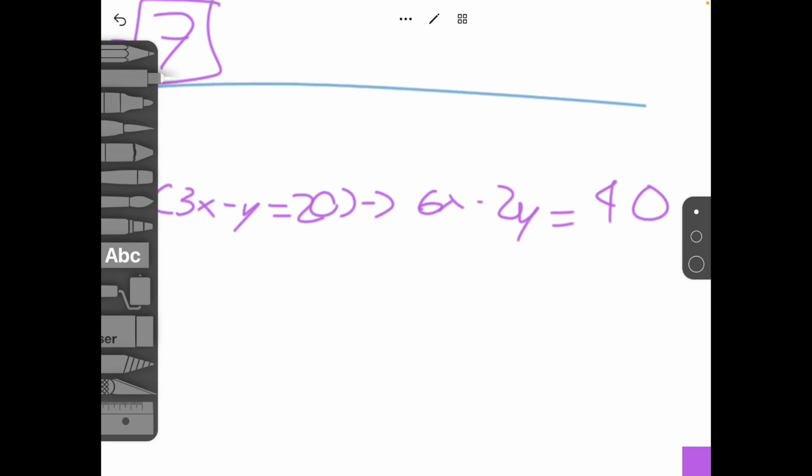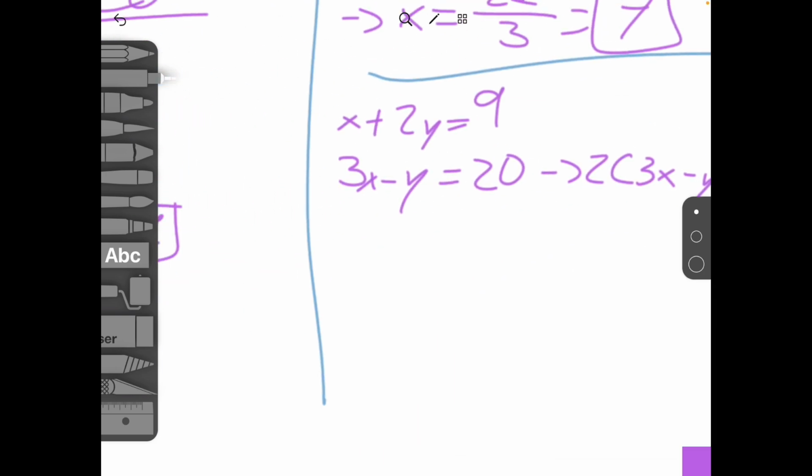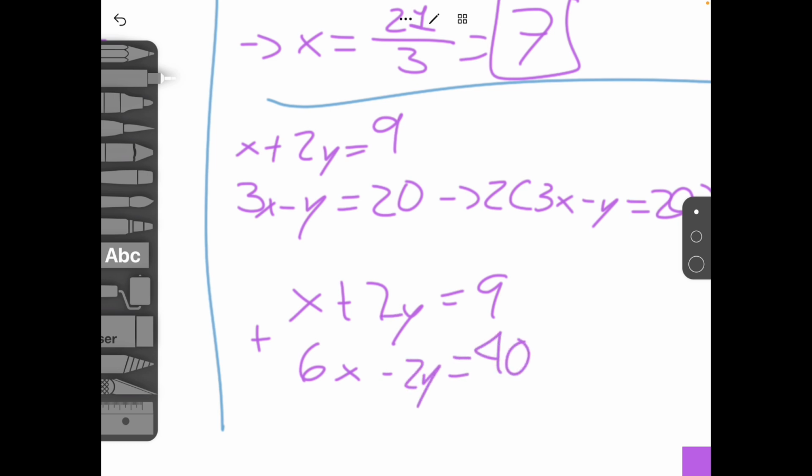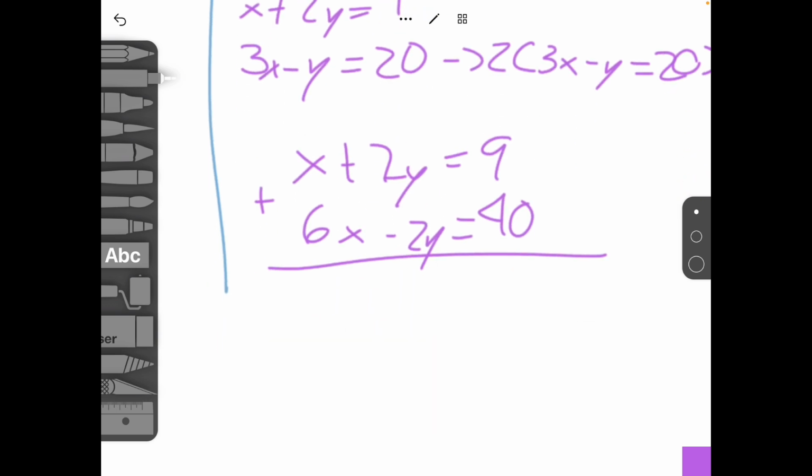Now we can actually do the operation, x plus 2y equals 9 plus 6x minus 2y equals 40, which would give us 7x plus 0y equals 49.